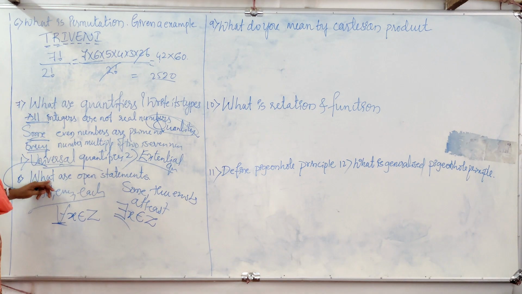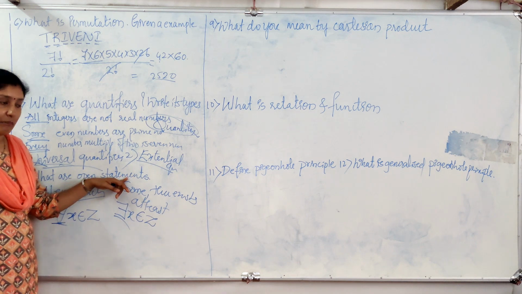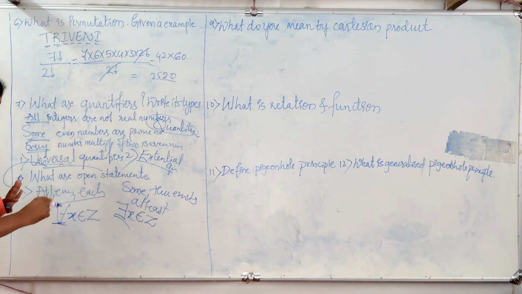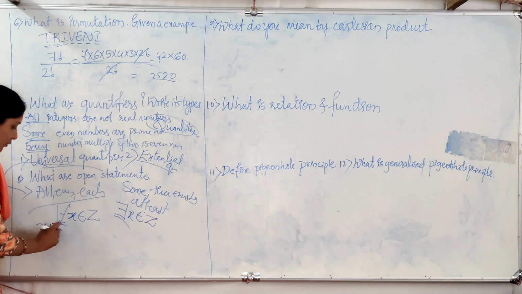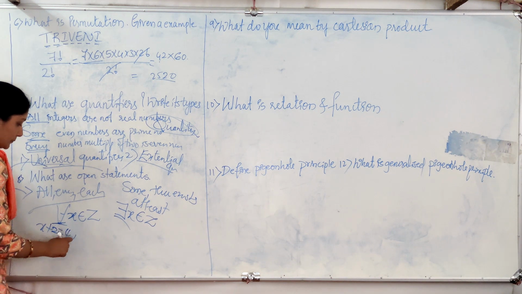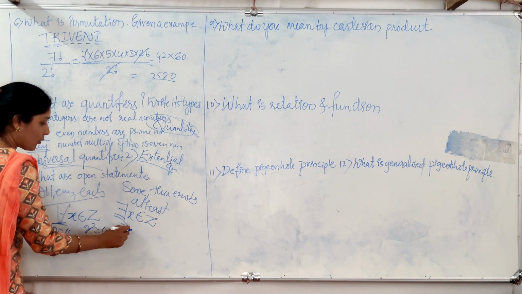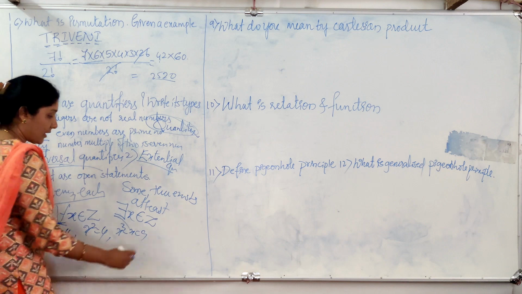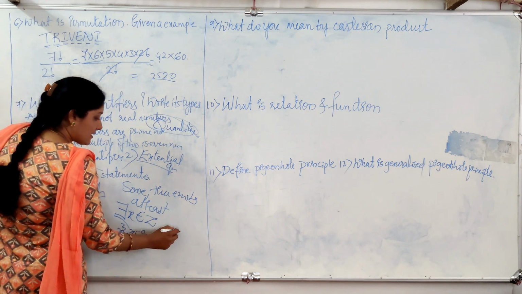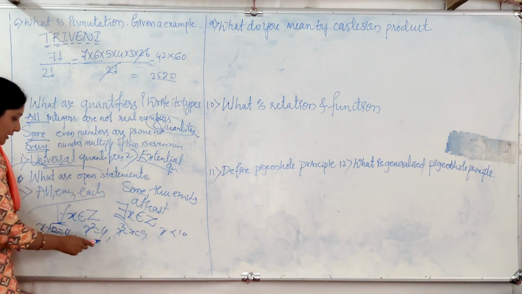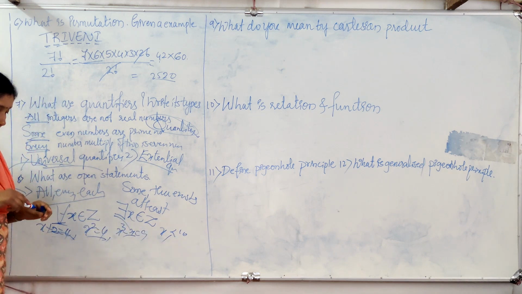Now the next question: what are open statements? Let me write some statements here. x plus 2 is equal to 4. x square equal to 4. x cube minus x equal to 9. x is less than 10. See, these are called open statements.